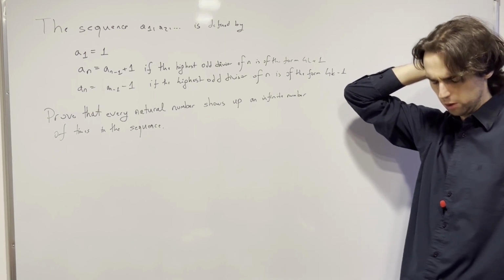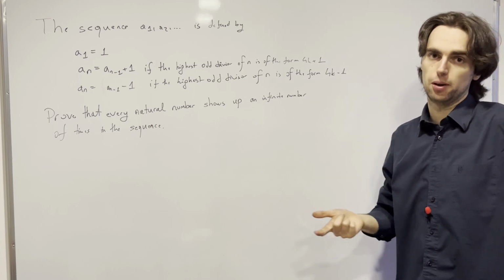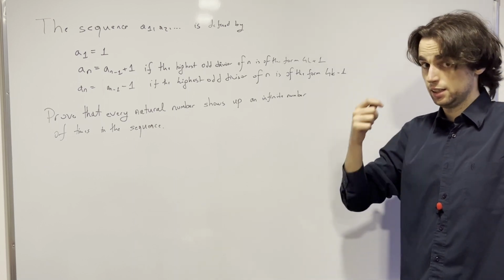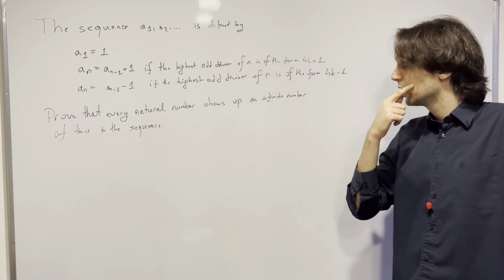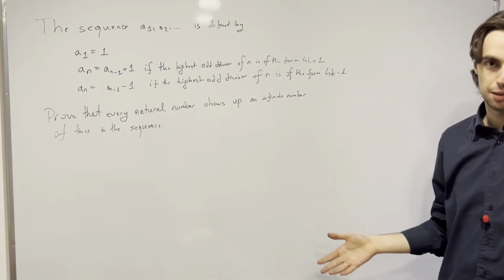Well, you need to ask yourself, what is enough for us to prove here? The answer is there are two claims. One is that 1 shows up infinitely many times.